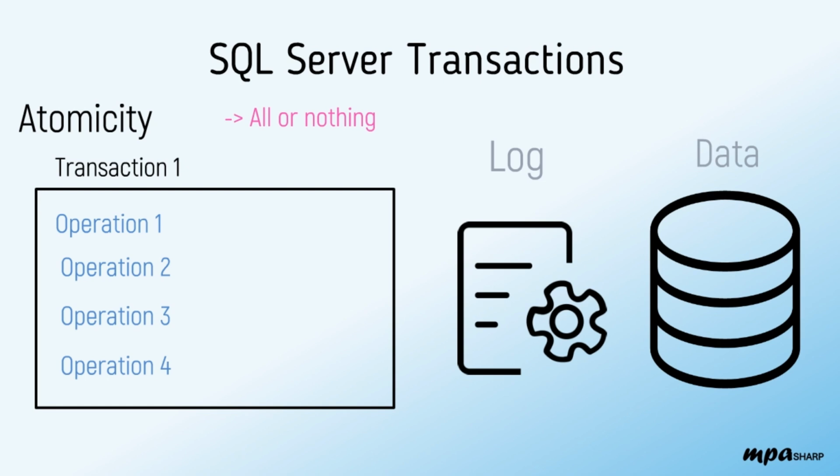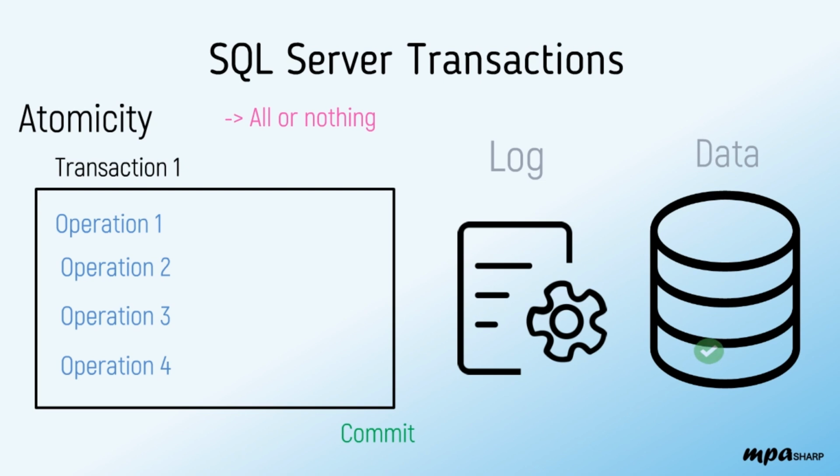If an error occurs during a transaction, SQL Server will often automatically initiate a rollback using this file. In our example, when each operation is carried out, a log is written to the transaction log before the actual change in the database. If all operations are successful, we commit the transaction and make those changes permanent in the database.